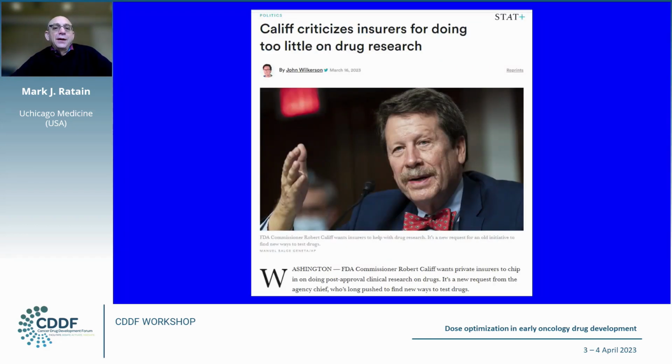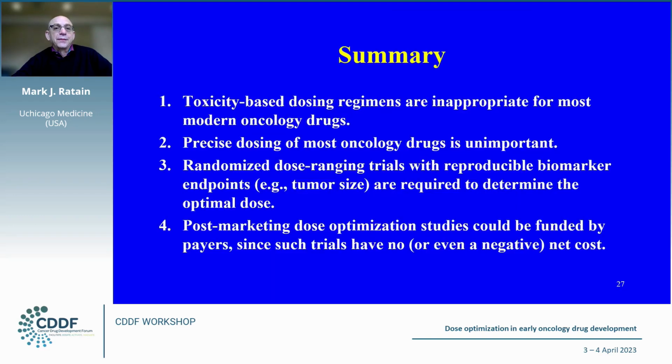I will add that the US FDA commissioner has also recently criticized insurers for doing too little on drug research, and our strategy offers an opportunity for private insurers to get involved in clinical trials. So in summary, toxicity-based dosing regimens are inappropriate for most modern oncology drugs. Precise dosing of most oncology drugs is unimportant.